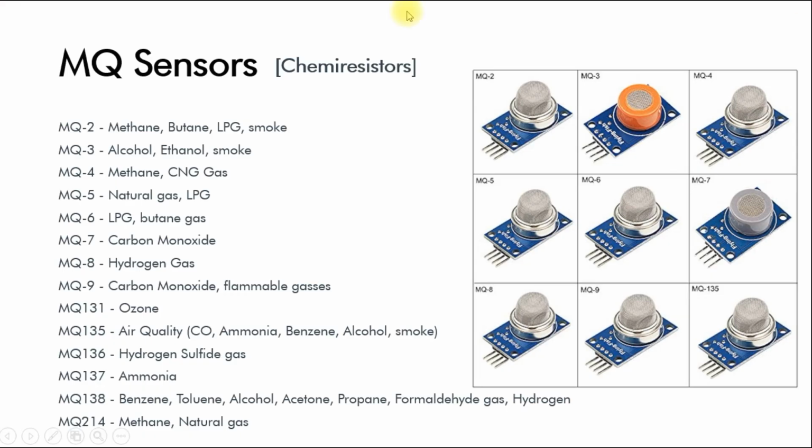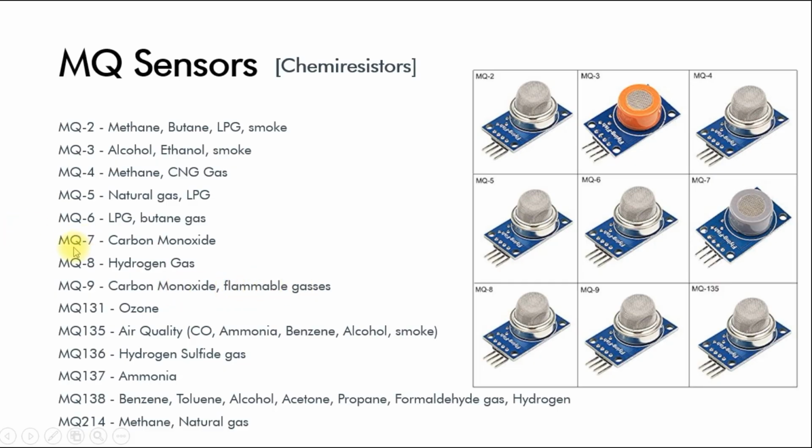MQ2 identifies methane, butane, LPG and smoke, and MQ5 especially identifies natural gas and also LPG. Look at MQ4, this also identifies methane and CNG gases. MQ9 detects carbon monoxide, CO, and flammable gases.